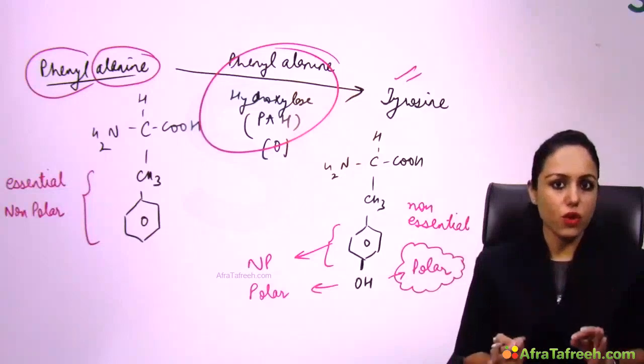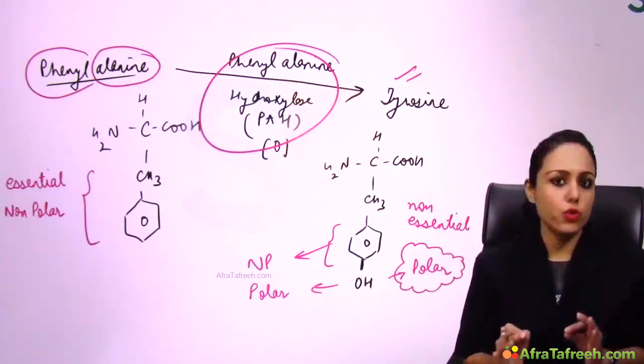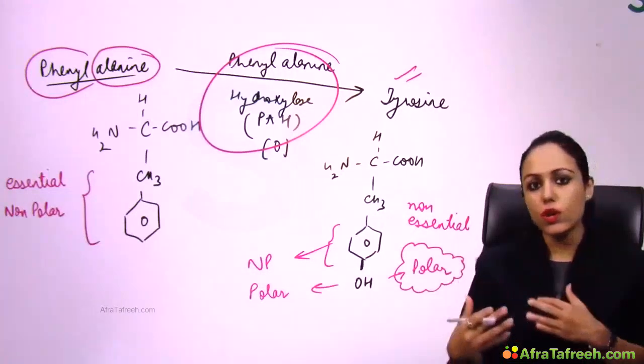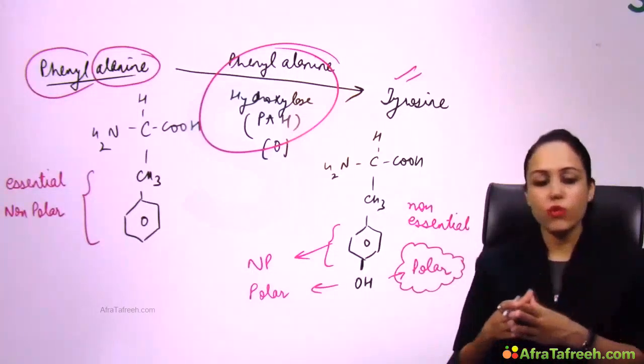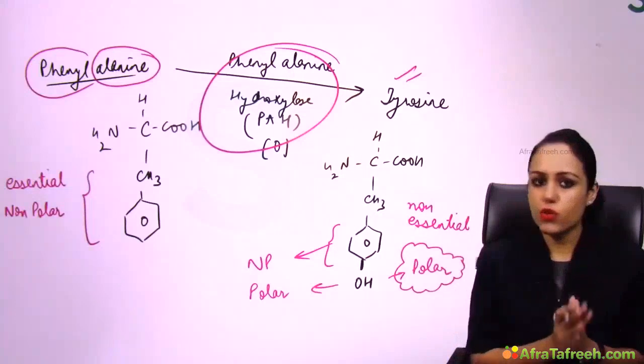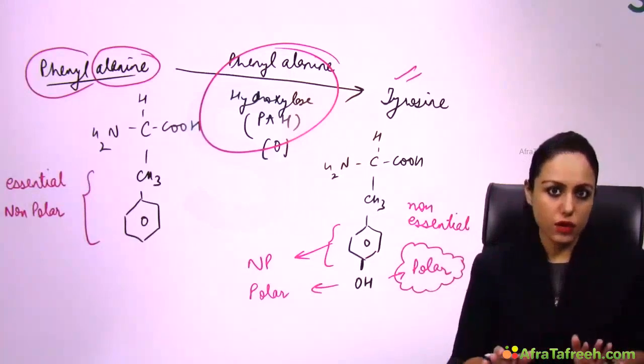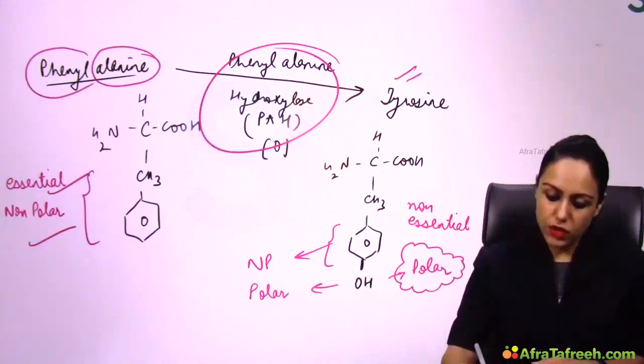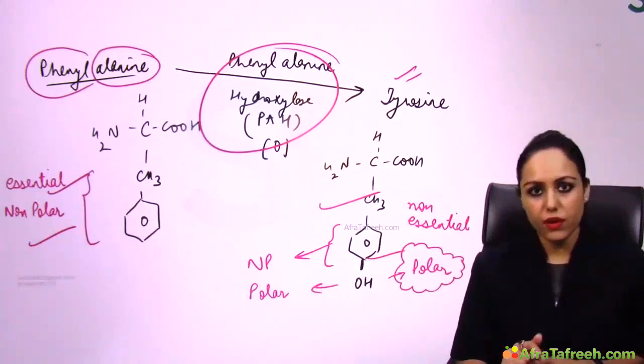For controversies I already told you that you have to answer according to the question. So phenylalanine is essential and non-polar, tyrosine is non-essential and polar, right? Now let's see the detail of the conversion of phenylalanine to tyrosine.